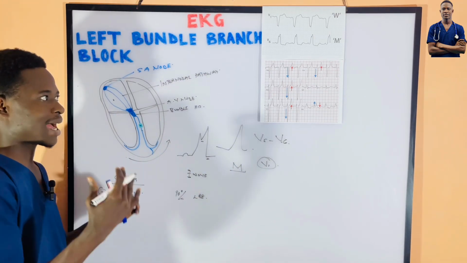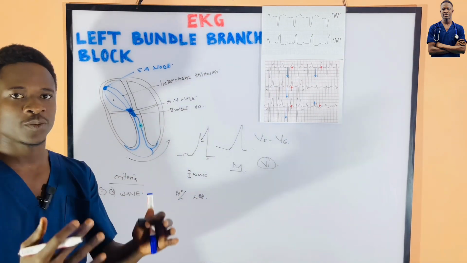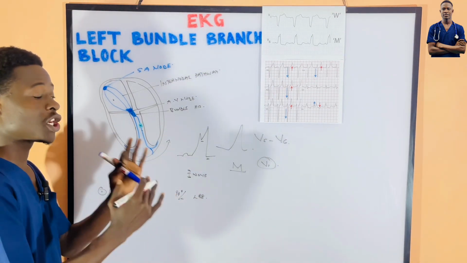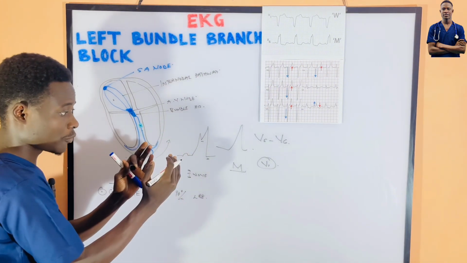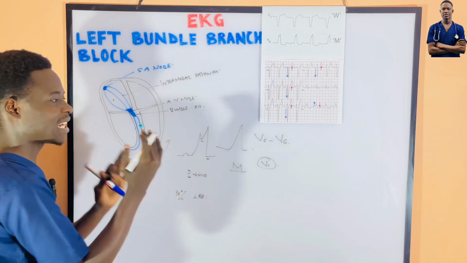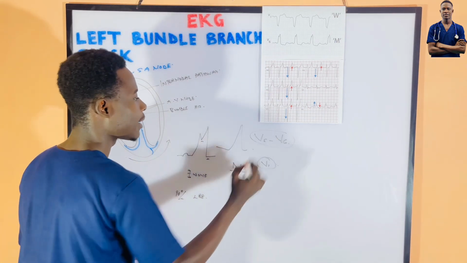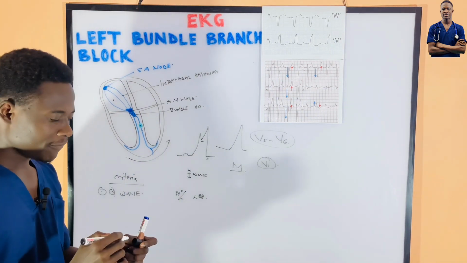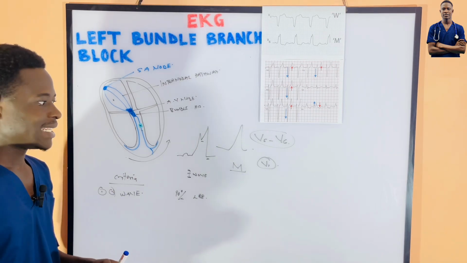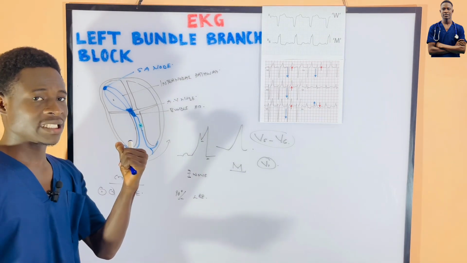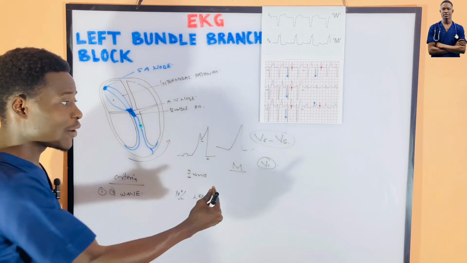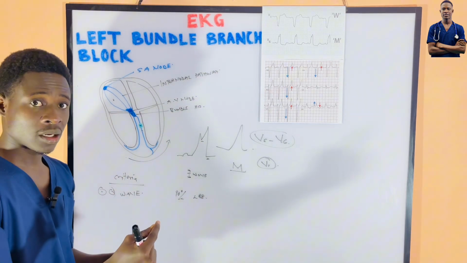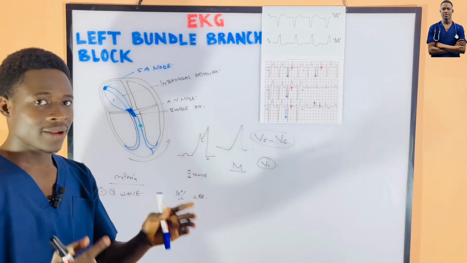So when you are identifying the left bundle branch block, the M-shaped QRS complex must be identified on the V5 and then the V6 precordial leads. And oppositely, in the right bundle branch block, the M shape is on V1 or V2. Are we clear with it?